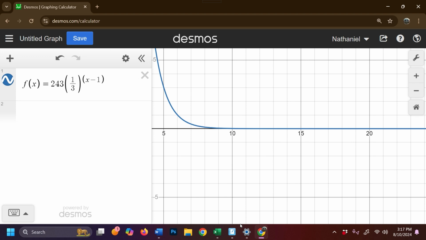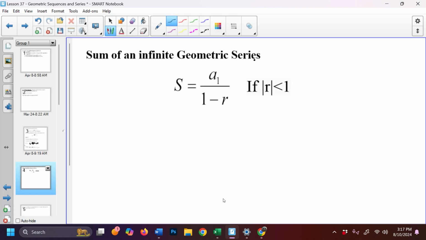These numbers get so small that we can't tell the difference between them and 0. They're almost 0, and when you add up a bunch of things that are almost 0, it becomes insignificant. So you can actually make that calculation. I'm going to do it the same way: s is equal to 243 over 1 minus 1/3, and we'll just put that calculation quickly into Desmos.